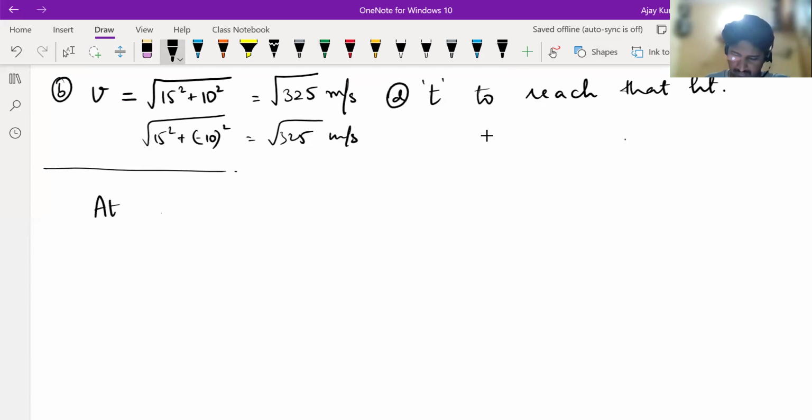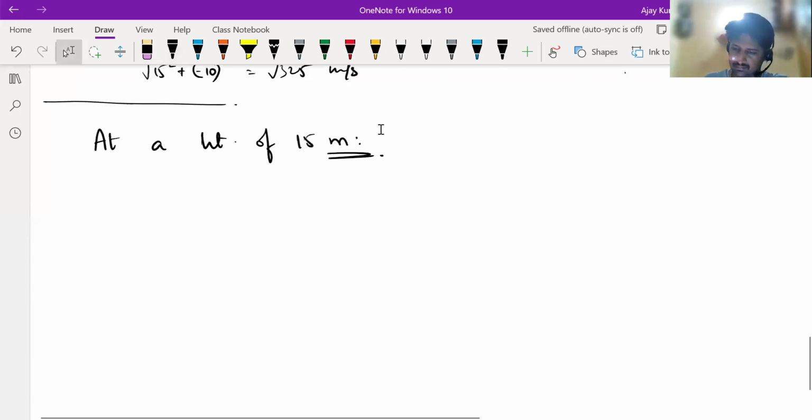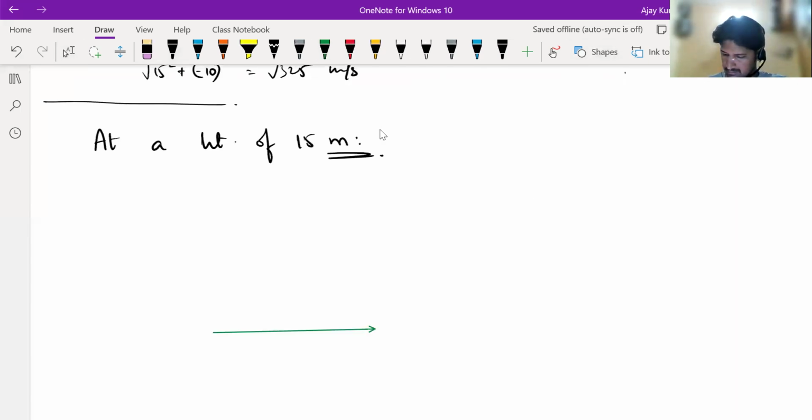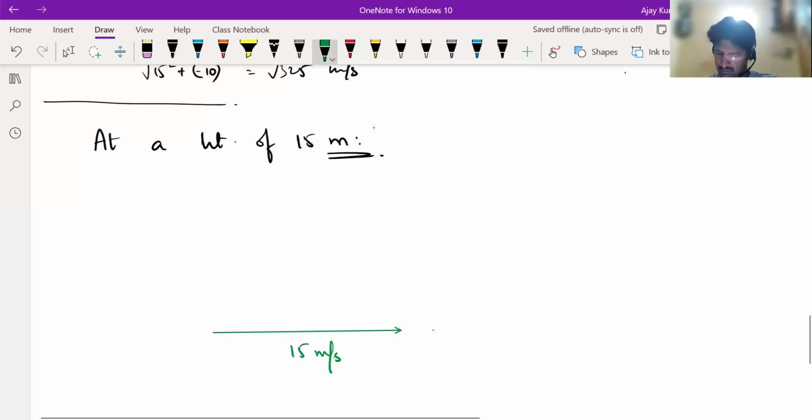At a height of 15 meters, this was the situation. The x component we know is 15 meters per second. That always remains 15 meters per second. That's the x component and we know it.